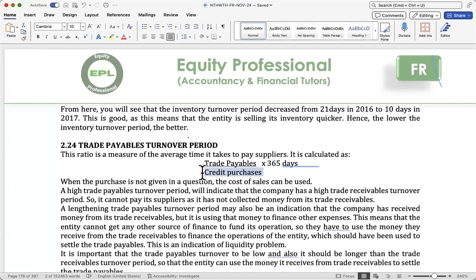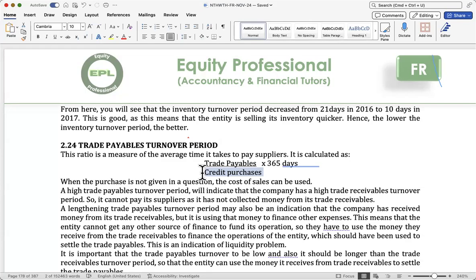Hello, sir. It gives you opportunity to sell your goods and collect money from your customers. After that, you pay your suppliers as well. Exactly. So you're saying that it's good for you to be long.